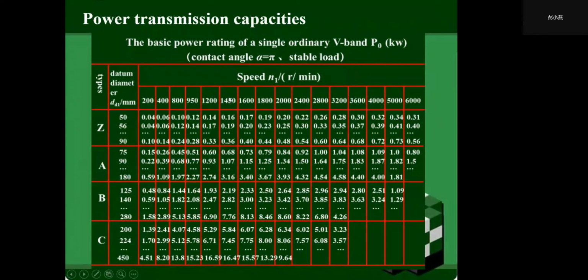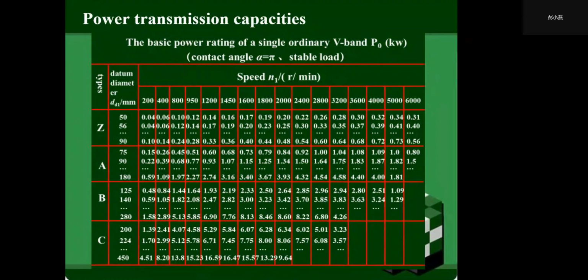There is no 1,440 in the table, but we know P0 under 1,200 and 1,450. So we can obtain the value of P0 by interpolation.